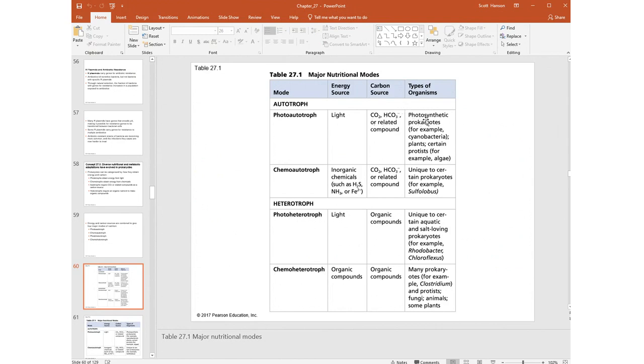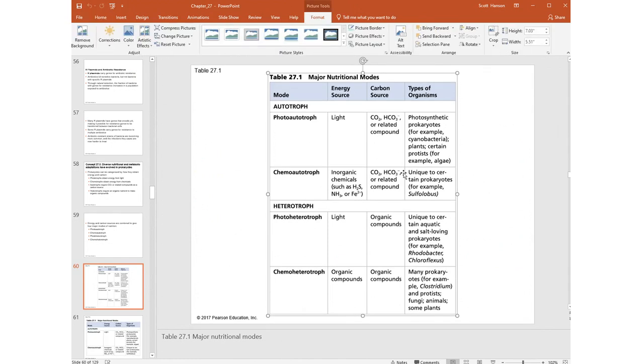Photosynthetic prokaryotes are an example, for example the cyanobacteria that we'll look at a little later, and also plants and certain protists like algae. We'll look at protists in the next chapter, so something to look forward to.